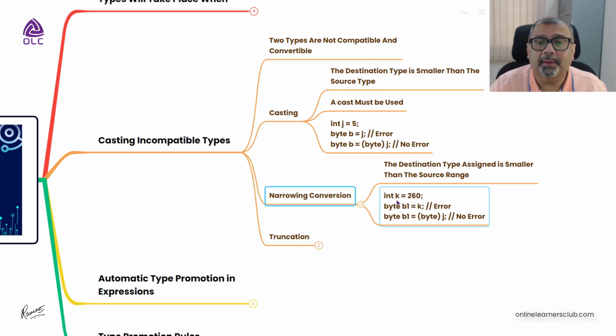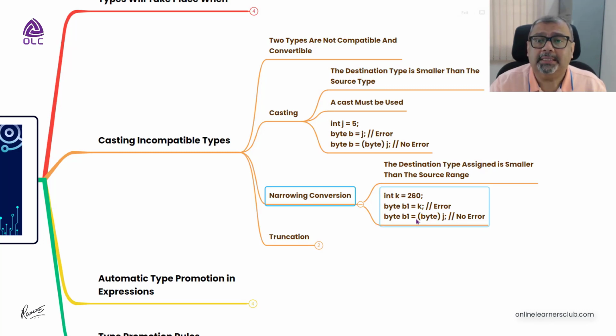So in this case, int k is equal to 260 and you are trying to convert this into byte. Directly putting this as byte b1 is equal to k will not work because it will throw an error. So programmatically, as a developer, you need to specify this by a cast.